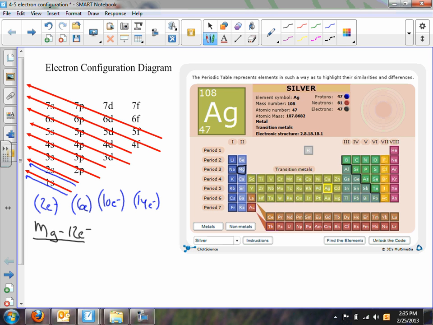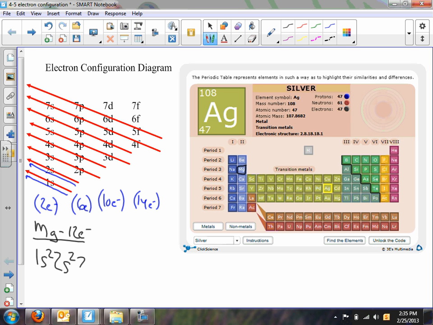The lowest energy orbital available is the 1s, and it can hold at most 2 electrons. Once there's 2 in there, it's full, and it's time to move to the next lowest. The next lowest is the 2s, and as with all s's, they can only hold 2 electrons. I've put away 4 of my 12, so I need to keep going.